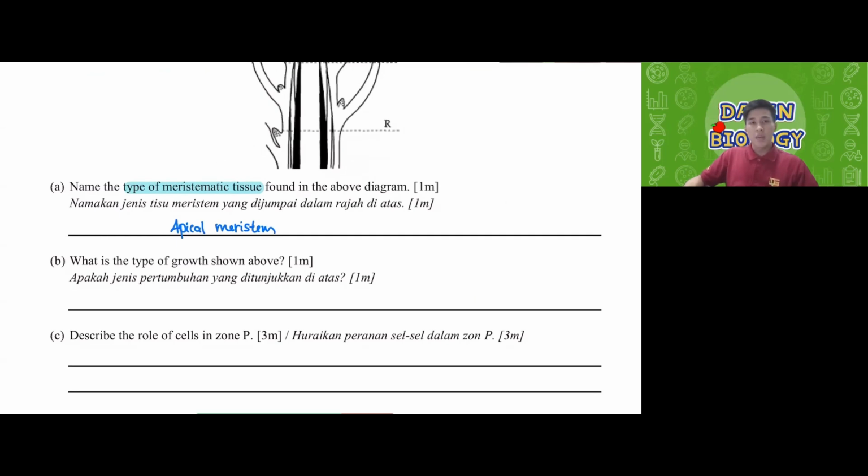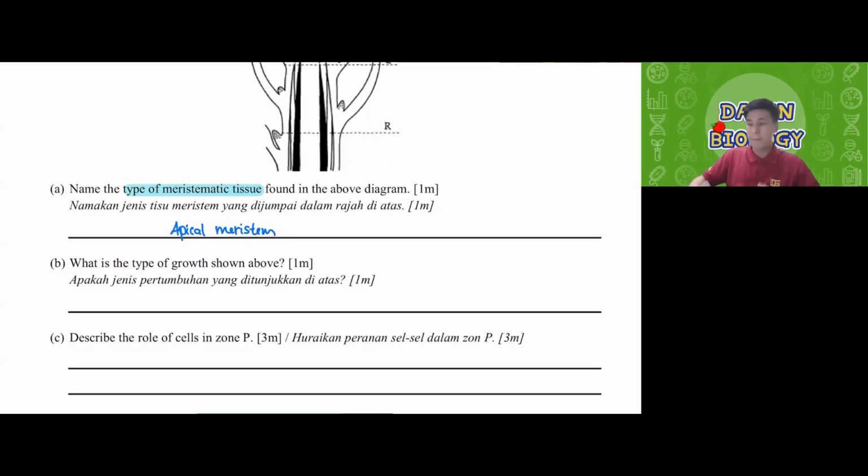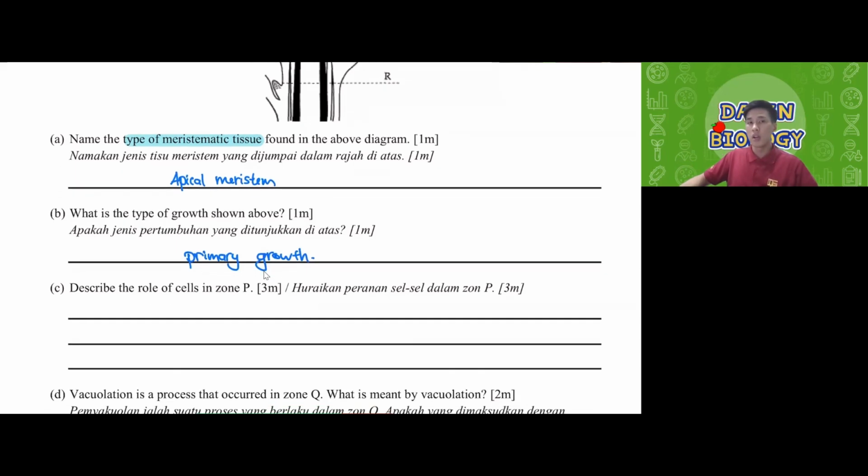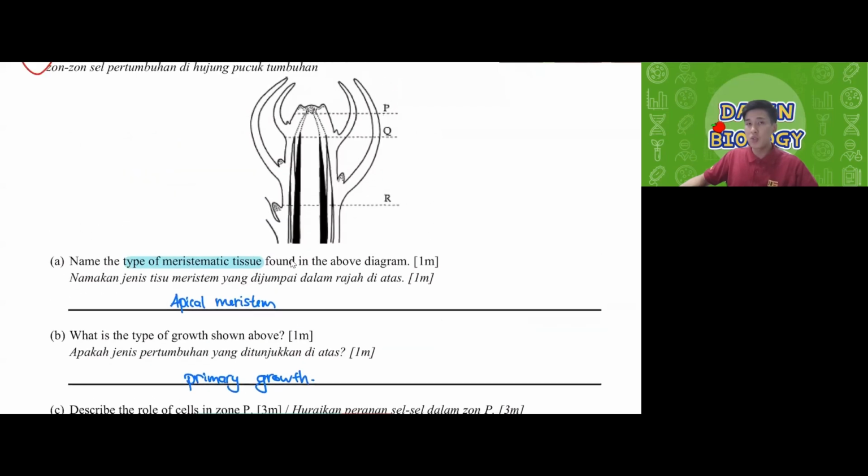Then what is the type of growth shown above? So what kind of growth? Primary, of course. Exactly. Now, what is the role of cells in zone P?